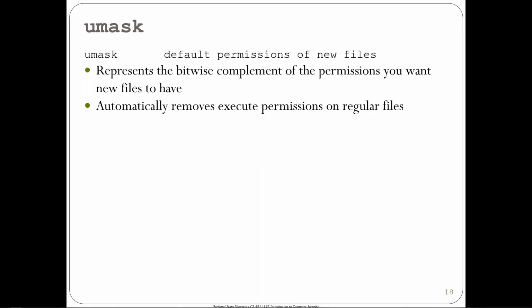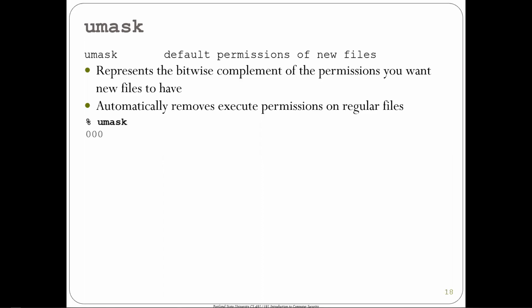Because it's a mask, it automatically removes execute permissions on regular files. When you create a directory, you want the execute bit set, but when you create a regular file, you don't want that set. And so with your permissions and your umask, it automatically does that for you, so you don't have to think about it.